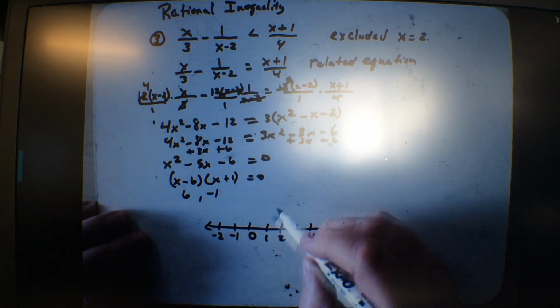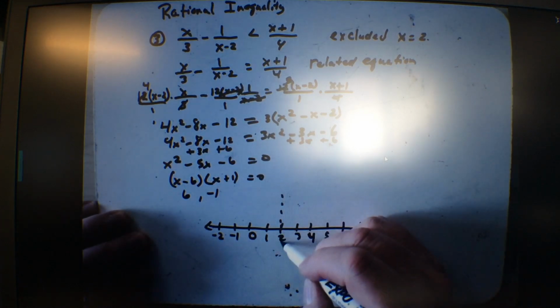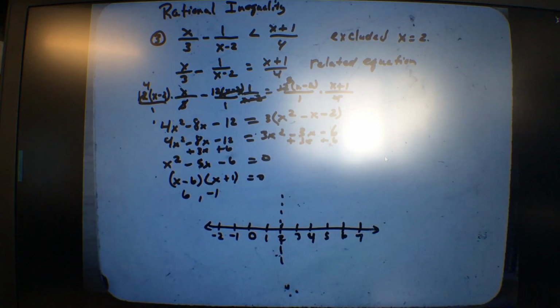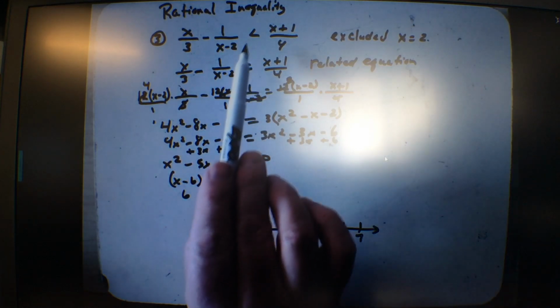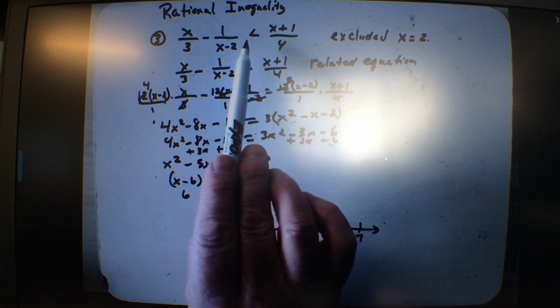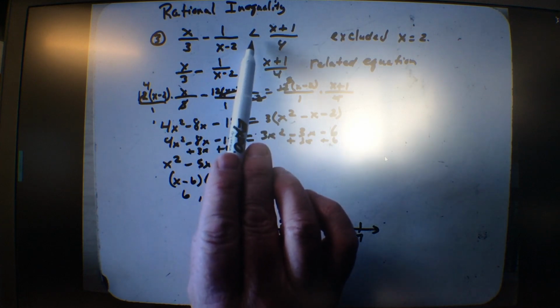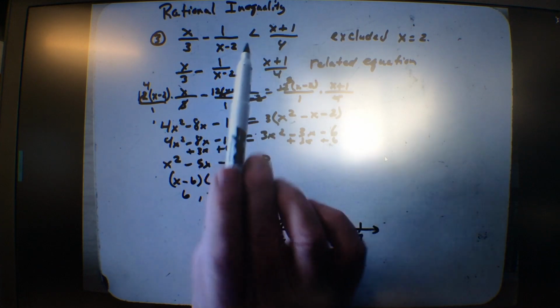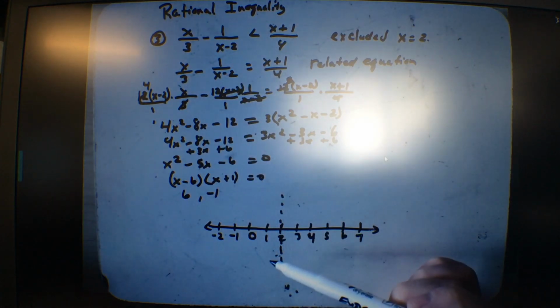An excluded value has a dashed line, and the reason is that it cannot be 2. So dash means cannot be that. Now the other 2, if this was less than or equal to or greater than or equal to, would have solid lines.